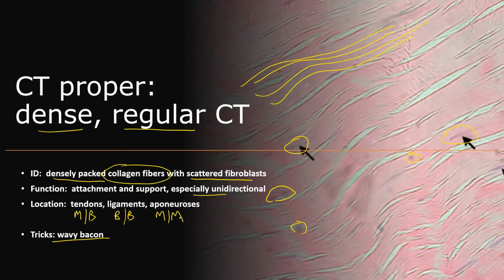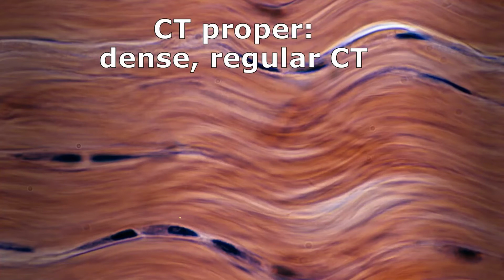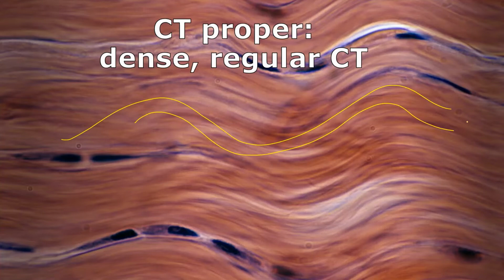Now, when we get back into those structures and other talks, I'll be way more specific, but that's a good little trick to help you with that in the future. Aha, wavy bacon. I see the wavy collagenous fibers that give me nice unidirectional strength found in tendons and ligaments. I see fibroblast nuclei, sparsely located in the tissue, but that's what those dark purple things are, the nuclei of the fibroblasts.